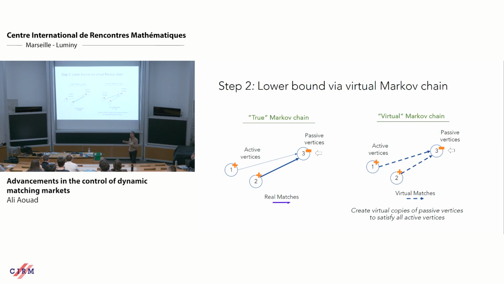But doing so gives us a lower bound, in the stochastic sense, on the availability of agents. We can use that trick to analyze it. It turns out this results in a loss of a factor of 1 minus 1 over e, precisely as for the algebra that we discussed this morning. Okay, so that's the high-level picture. I don't want to delve too much into the specifics, but I wanted to give you a flavor of the type of tools we use. If there is any question on this.